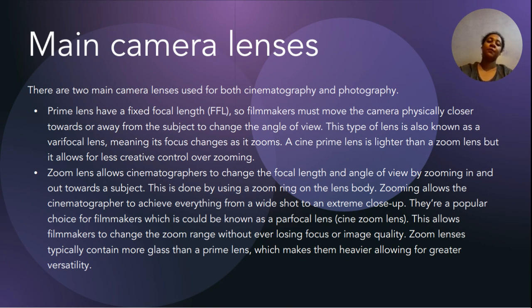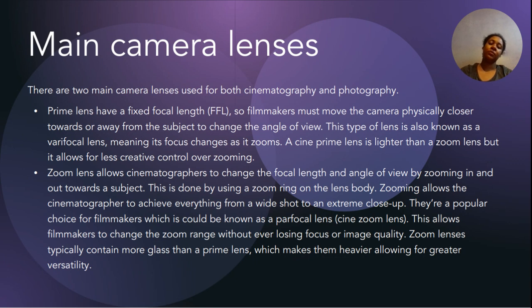Filmmakers use the prime lens more often than the zoom one. The prime lens has a fixed focal length, so you have to move the camera physically closer towards or away from the subject to change the view angle.